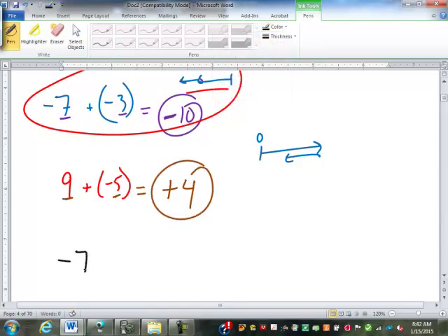We might have -7 plus 11. So here's 0. -7 goes this way. +11 goes the other way, longer or shorter? It's longer. So it actually goes past 0, telling us that we made it to the positive side of 0. And again, the vectors go opposite directions, so it's the difference between 7 and 11, which is 4 again.